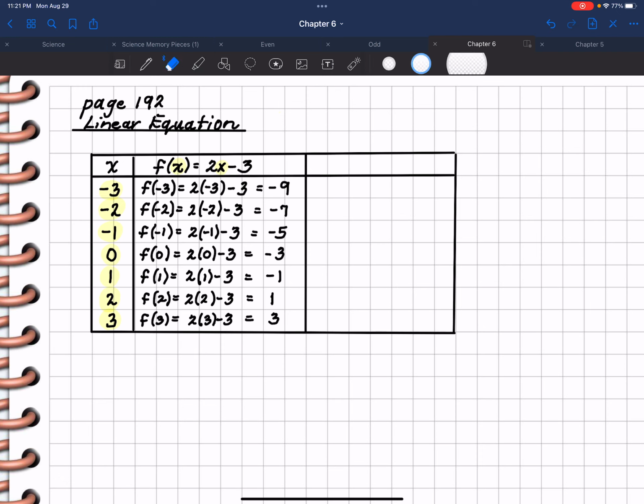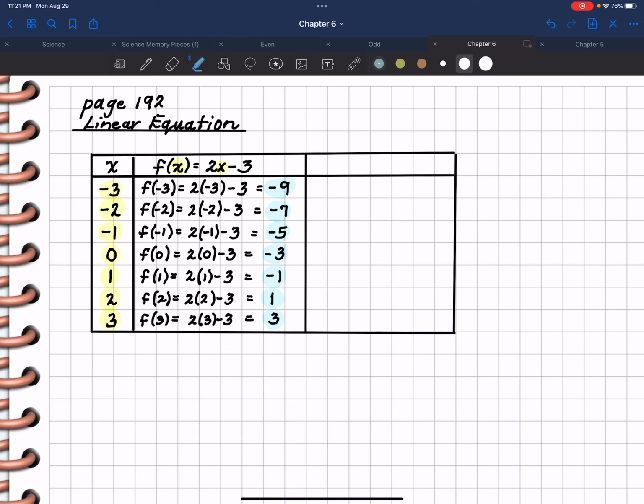So we do have a function here. And here are the y values that correspond to those x's. And I'll tell you what, do I want a graph or do I not? Let's hold off on the graph. We've got enough here to worry about.